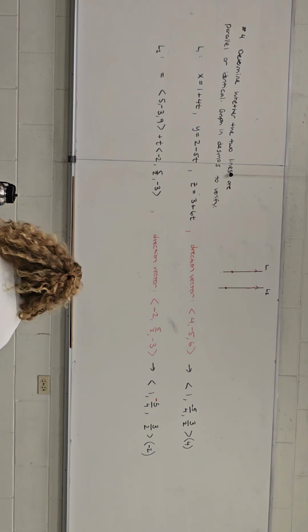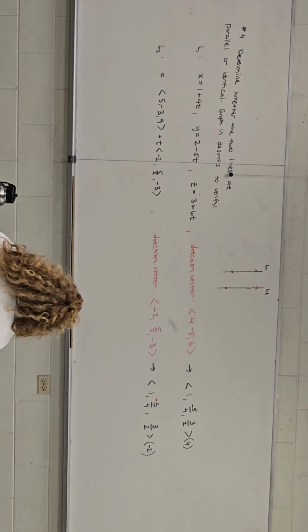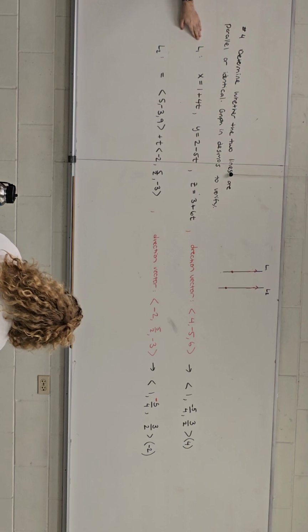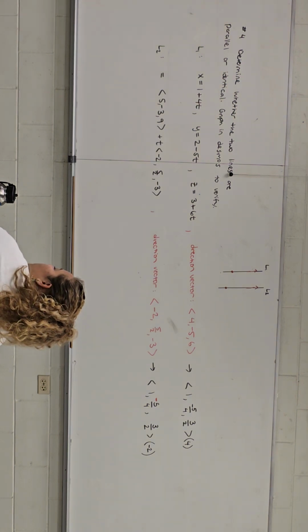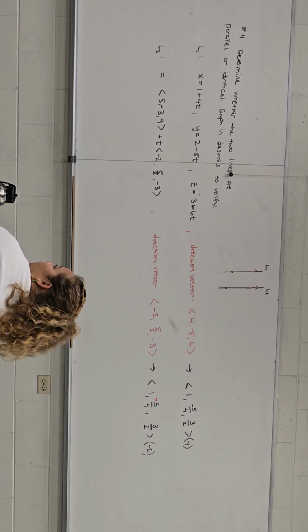Tell me a point on L1, any point that's on the first line. Thinking of our parametric form, we said, oh, well, if we kind of separated this, it would be a point plus something times the direction vector.